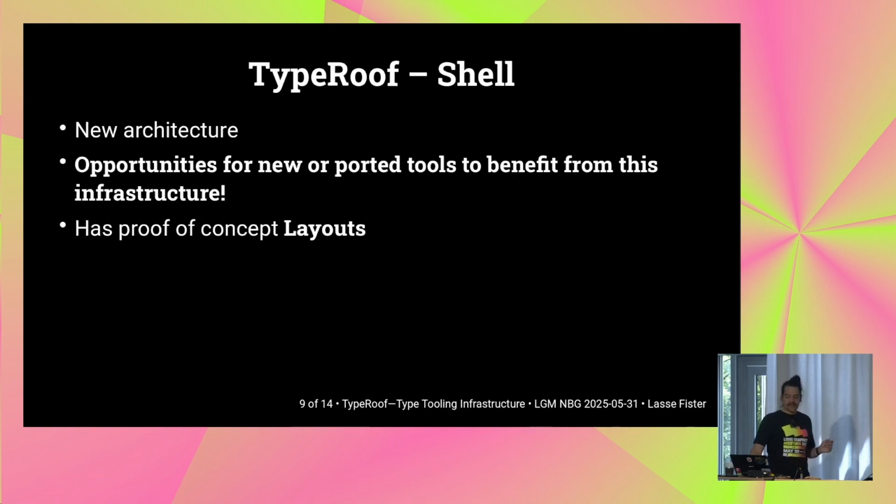The shell is a new architecture. This is basically where the title of the talk comes from. I thought about it, not many people have reviewed it, but in my opinion it's a really good system to make complex tooling for typography. There's a lot of small tools some foundries make, some designers make, where they have to re-implement a lot of the infrastructure.